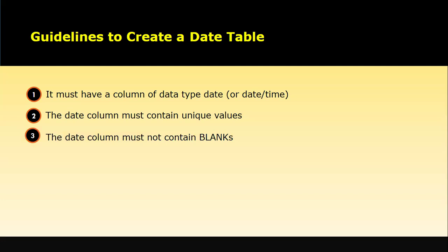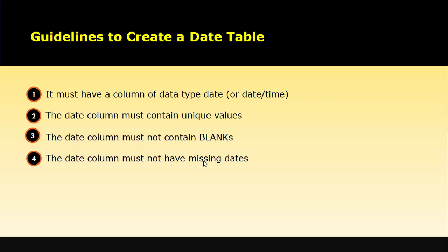And then the date column should not contain any blank values. And also the date column should not have any missing dates. For example, Saturday, Sunday, you don't open the shop. That doesn't mean in your date column for Saturday, Sunday, you are supposed to leave blank or exclude it.